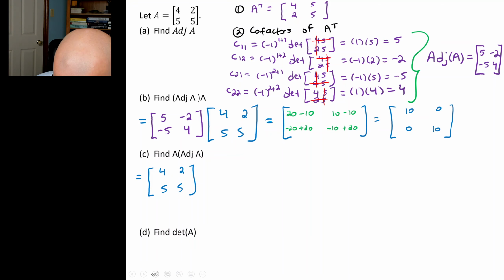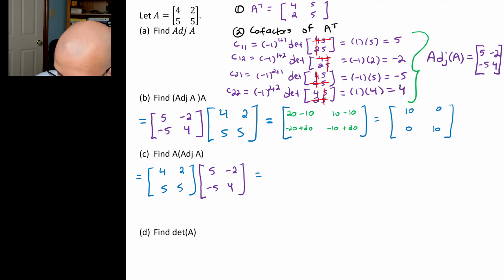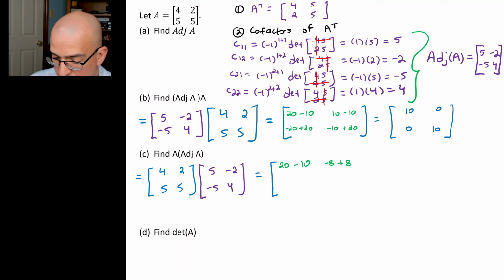4, 2, 5, 5 multiplied by the adjoint of A, 5, negative 2, negative 5, 4. So we'll do the dot products. Row 1 dot column 1, 20 minus 10. Row 1 dot column 2, negative 8 plus 8. Then row 2 dot column 1, 25 minus 25.